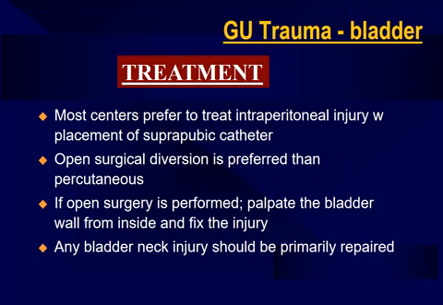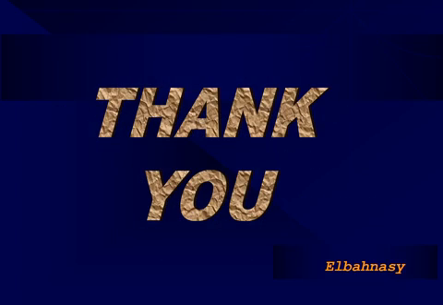If we do so, in most of the cases, we can take care of the trauma by palpating the site, feeling the site of the trauma through the urinary bladder and closing it during the surgery. If any bladder neck injury is found, we have to repair it. Thank you and good luck.